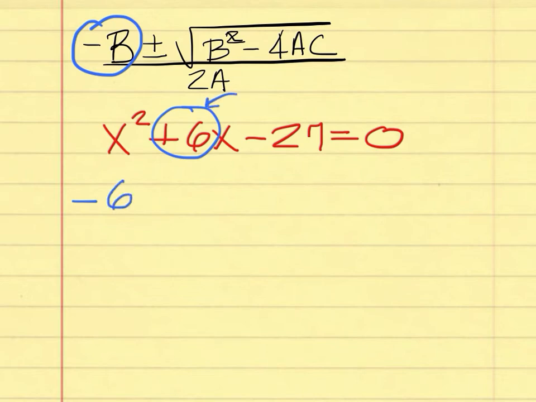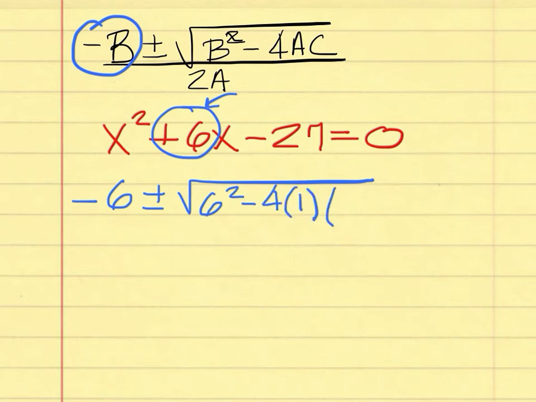And it's -6 plus or minus the square root of 6 squared minus 4 times 1 times -27. All of that over 2 times 1. There's everything from the equation put in for its respective variable.